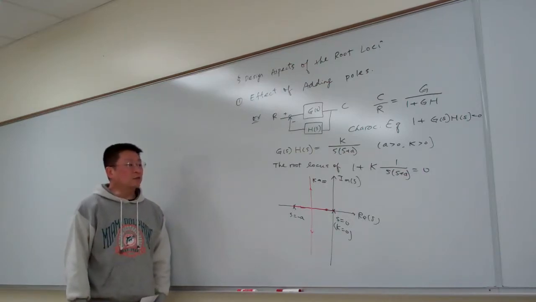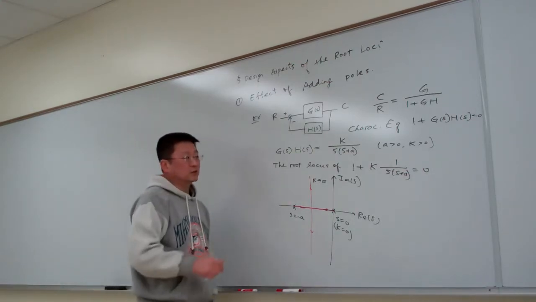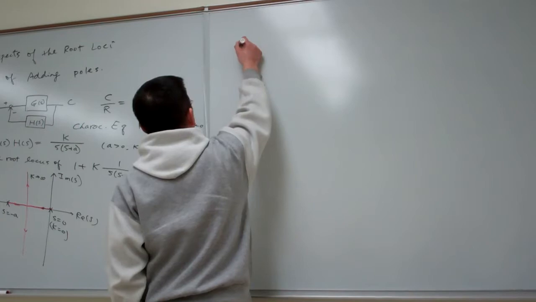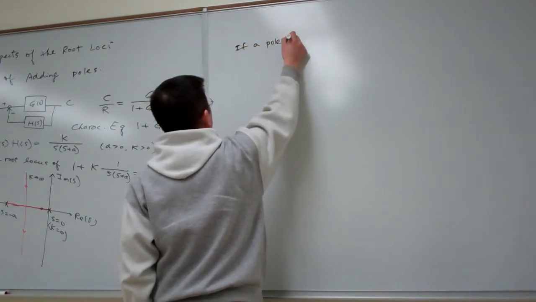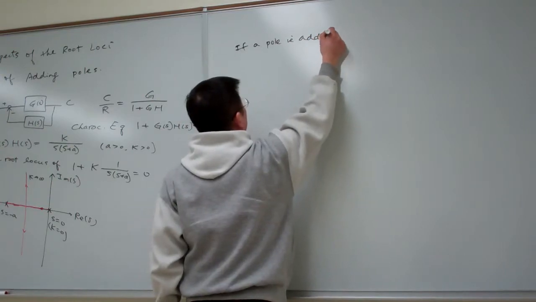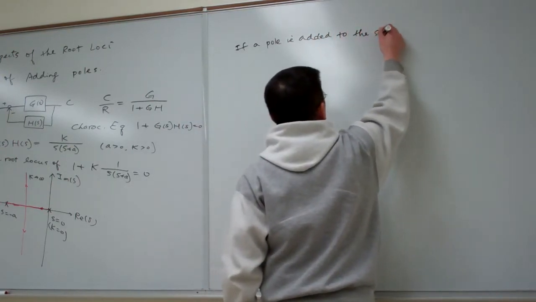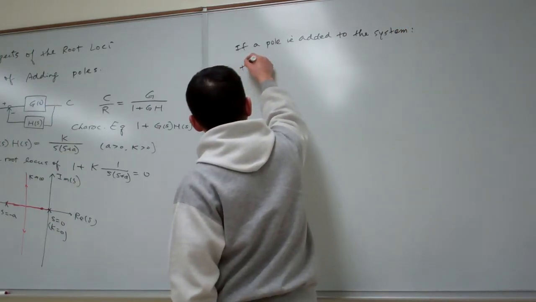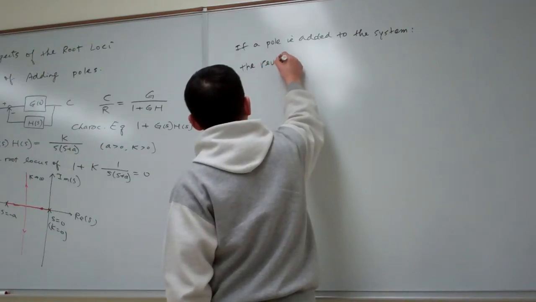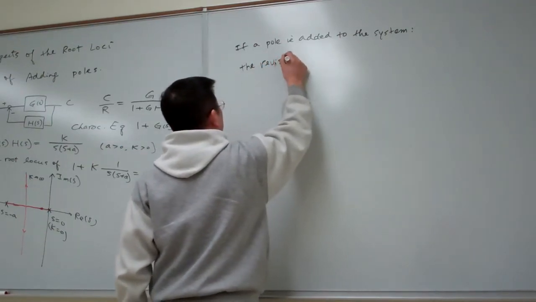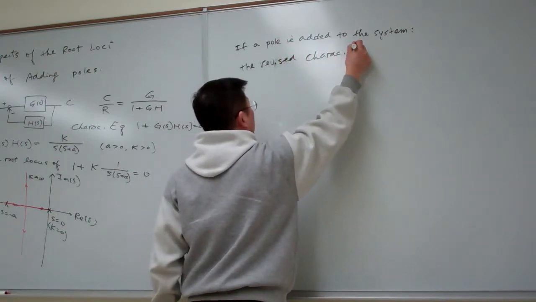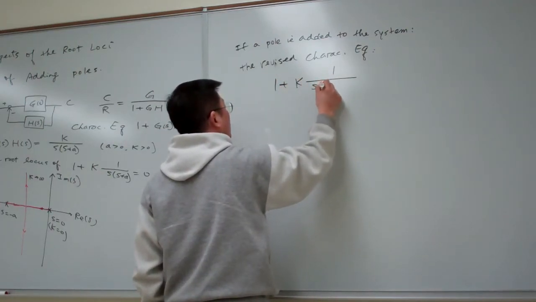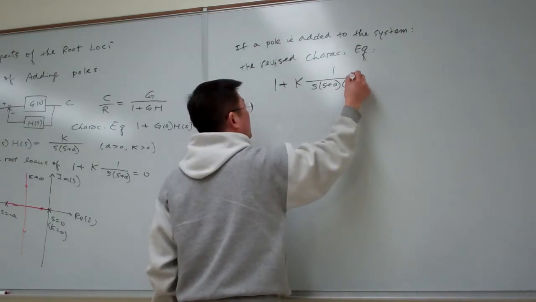And we see what happens if we add a pole to the original system. For example, the modified, that means the revised, equation becomes 1 plus K times 1 over (s plus a)(s plus b) equal to 0.